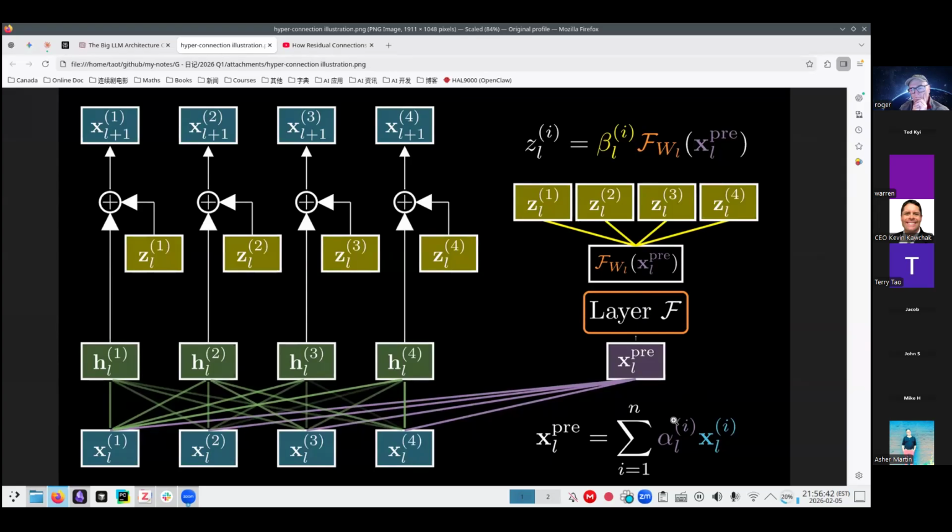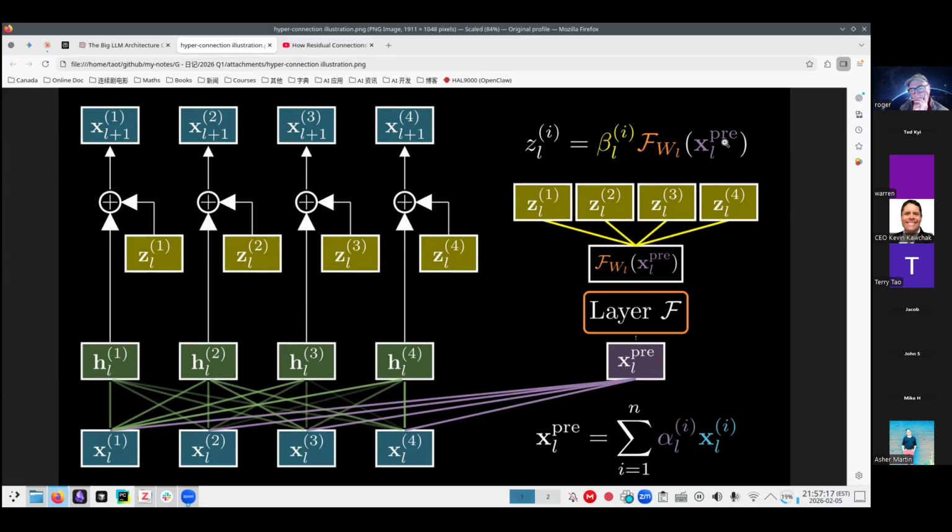These alphas are learnable parameters. It's just a weighted sum of these four residual streams. And then after that, this X L pre.